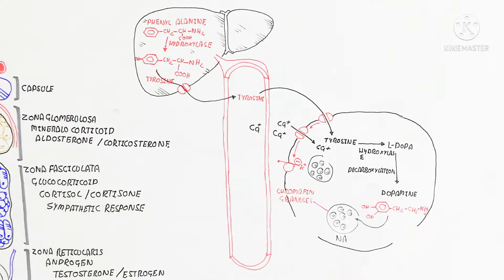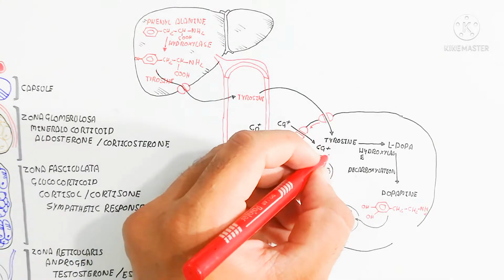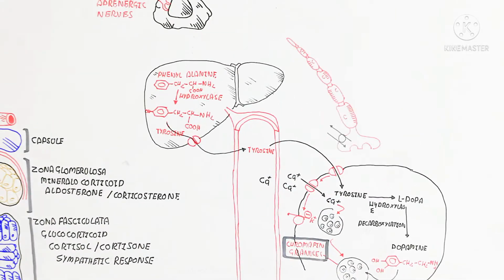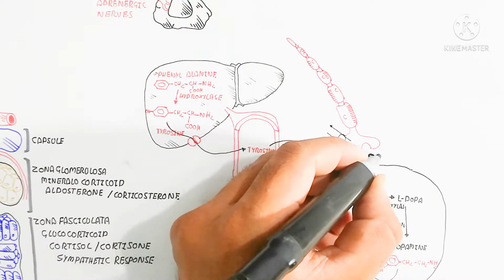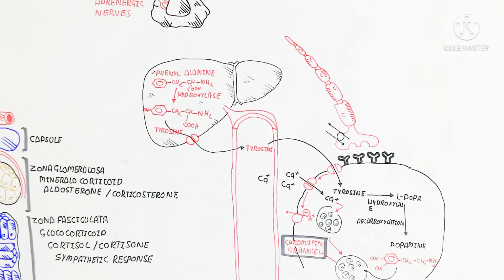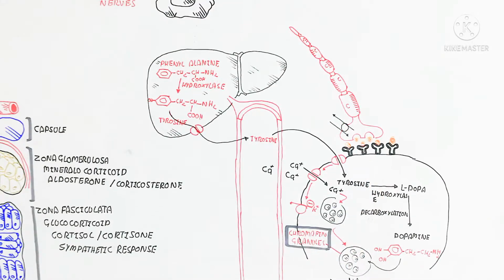Here it is known as the chromaffin granules, and this cell is known as the chromaffin cell. These chromaffin granules will be stimulated by the adrenergic nerves, which are stimulated after the release of acetylcholine or a different neurotransmitter.